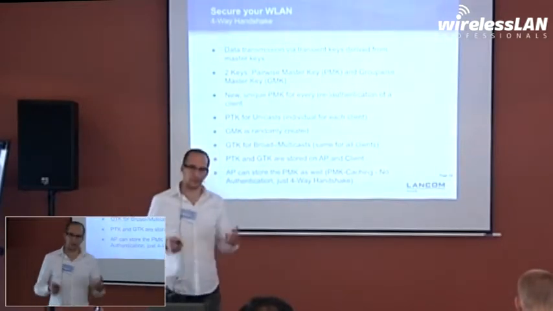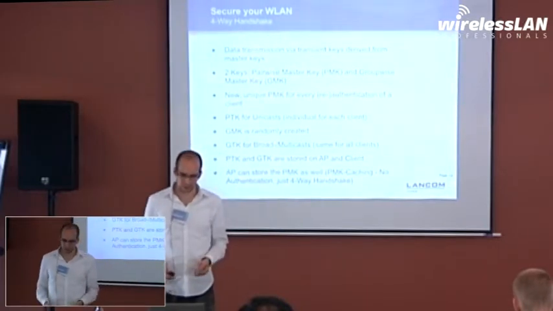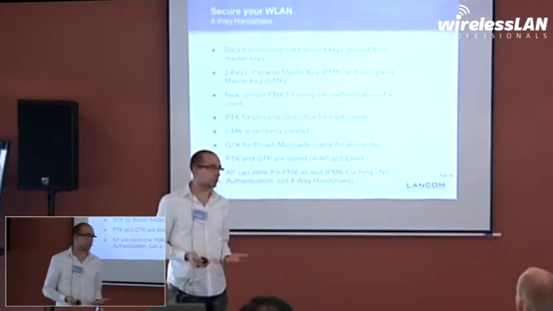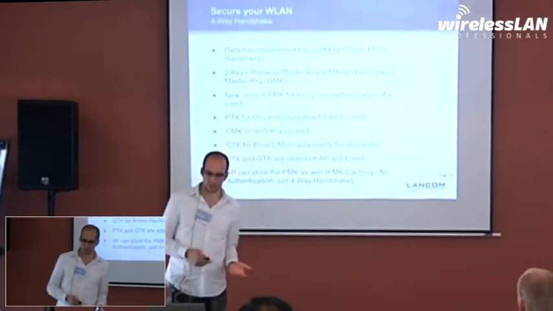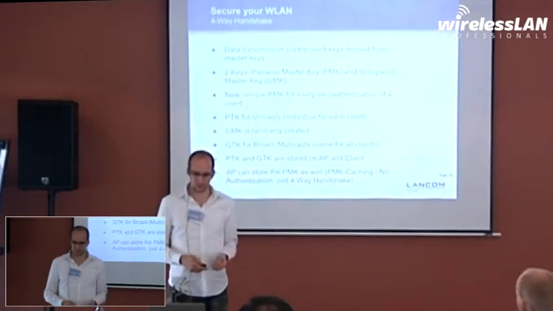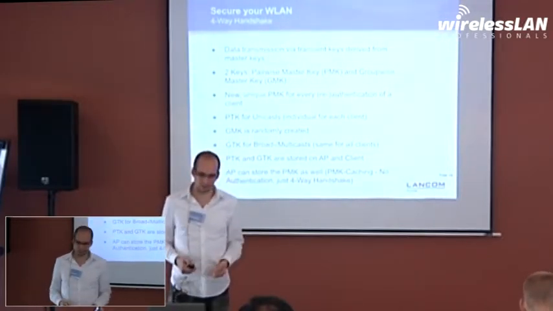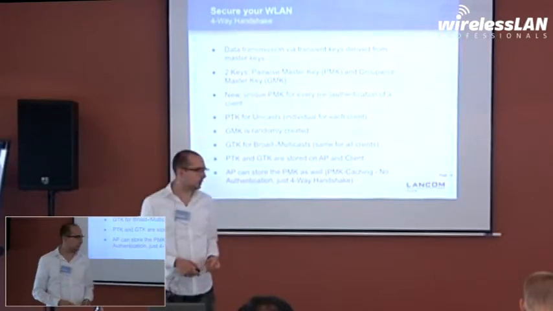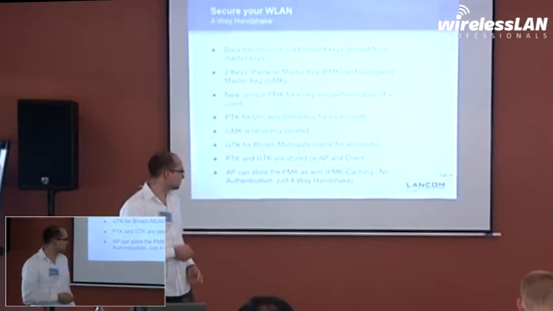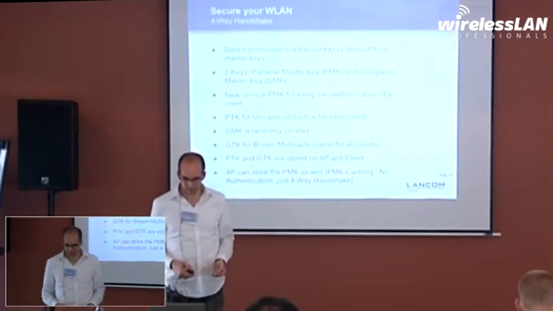And from this PMK, the PTK, the pairwise transient key, is generated and is used for the unicast transmission, which means it's individual for each client, whereas the group temporal key, also derived from the master key, is used for broadcasts and multicasts, and it's the same for all clients of the BSSID. The PTK and GTK are stored on AP and client, of course, so they can exchange data.